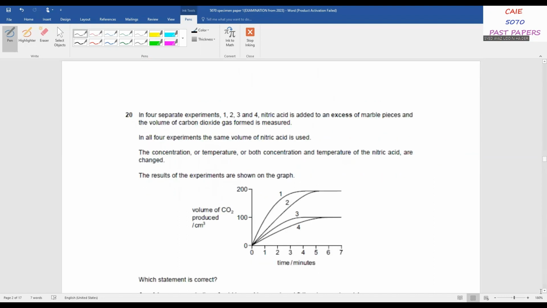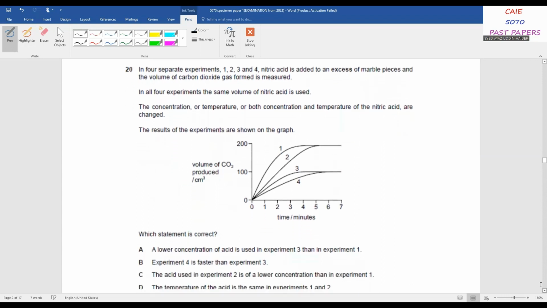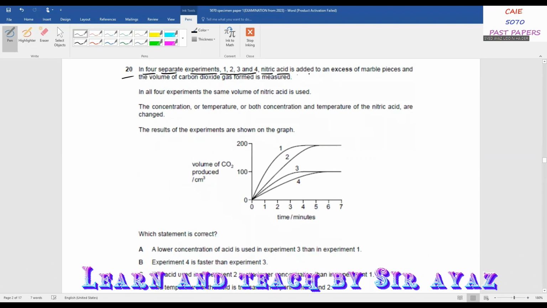Question number 20. In 4 separate experiments, 1, 2, 3, and 4, nitric acid is added to an excess of marble pieces and the volume of carbon dioxide gas formed is measured. In all 4 experiments, the same volume of nitric acid is used.